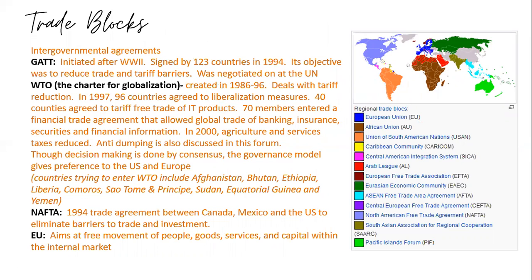First, there was an agreement called GATT, which was the rough draft, and then WTO was made. Once WTO was made, there were some trade blocks. One of them was NAFTA, a trade bloc of Canada, Mexico, and the United States. And another trade bloc that I'm sure all of you have heard about is the European Union.